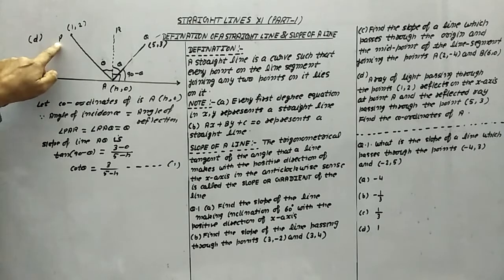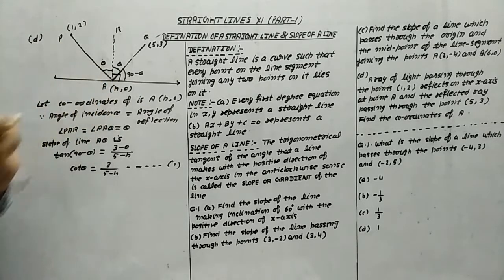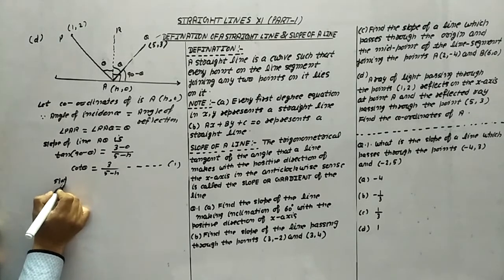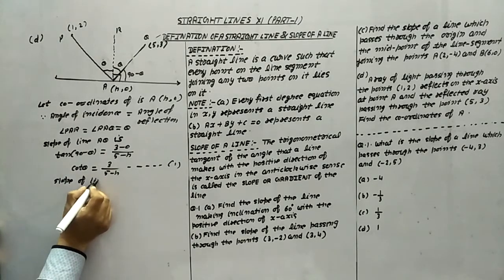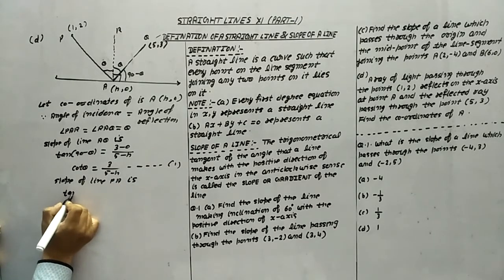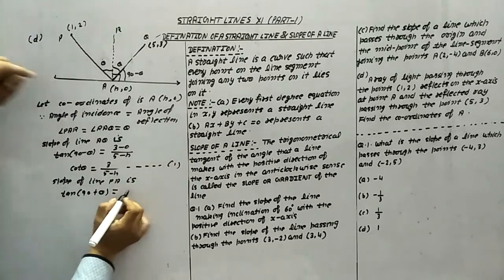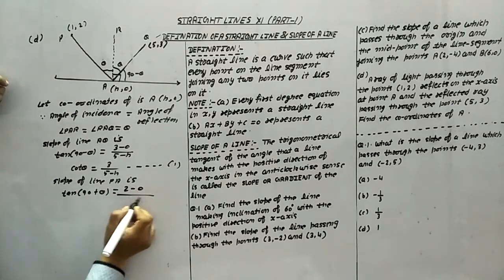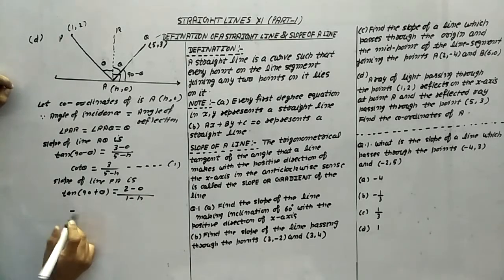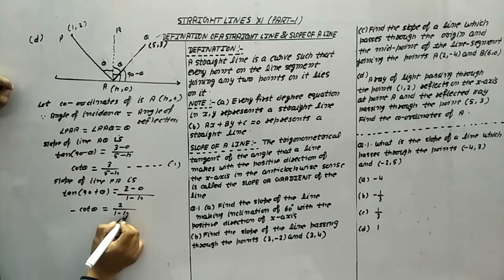Now look at this. For the slope of PA, this complete angle is 90 and this is theta. Therefore, the slope of line PA is tan(90 + theta), which is equal to (y2 - y1)/(x2 - x1) = (2 - 0)/(1 - h). And tan(90 + theta) means -cot theta, which is equal to 2/(1 - h).